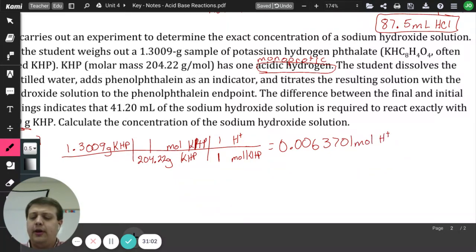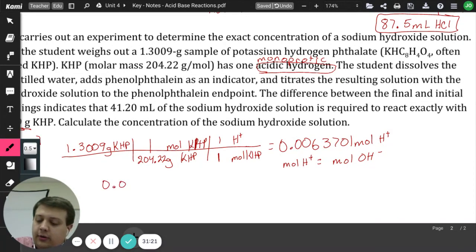Okay, now again, remember, moles of hydrogen ions equal moles of hydroxide ions. So now I know that my hydroxide ions also have to be 0.006371 moles of hydroxide, OH minus.